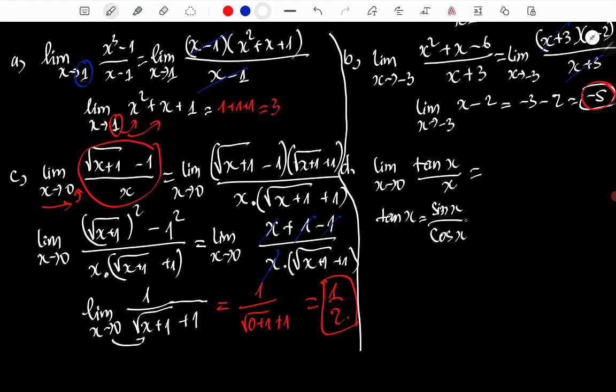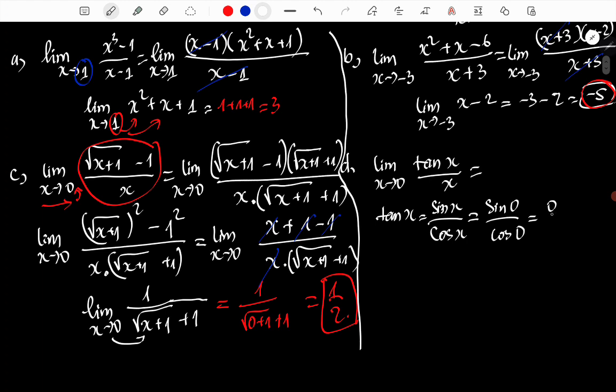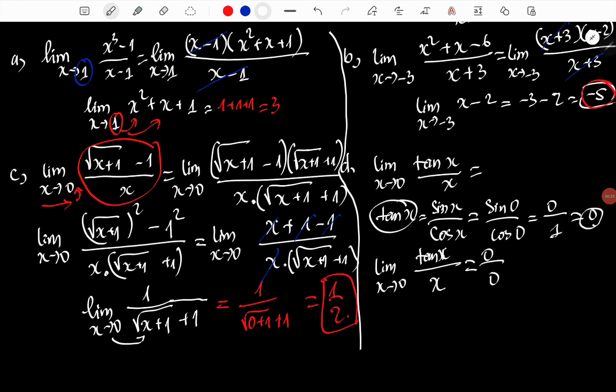So if x goes to 0, that means sine 0 divided by cosine 0, which is 0 over 1, it's 0. Alright, but the limit as x goes to 0, so we have tangent x over x, and tangent x actually goes to 0, right? Can you see? It's going to be 0 over 0. So this way, we cannot do this.